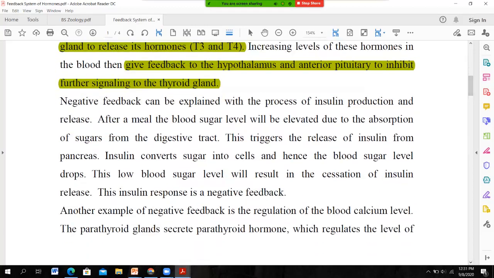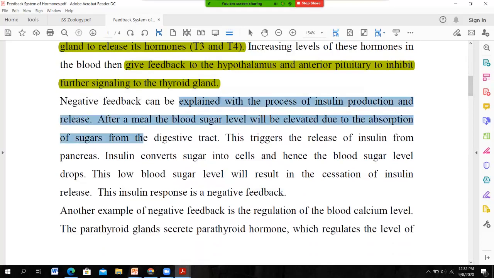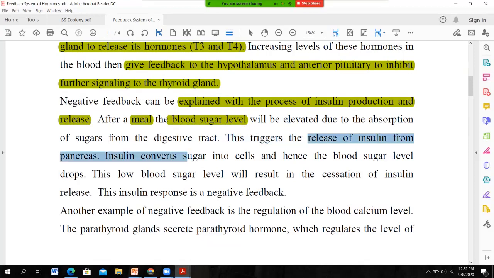Negative feedback can also be explained with the process of insulin production and release. For example, the blood sugar level rises after a meal. This elevated blood sugar level in the blood circulation triggers the production of insulin from the beta cells of the pancreas.